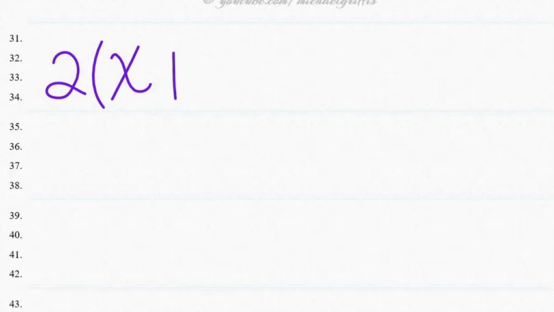Let's take a look at some of those. Here's an example of an equation that has an infinite number of solutions. Of course, this is not just any equation. This is a linear equation.